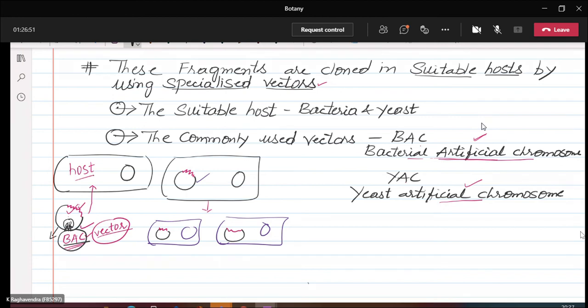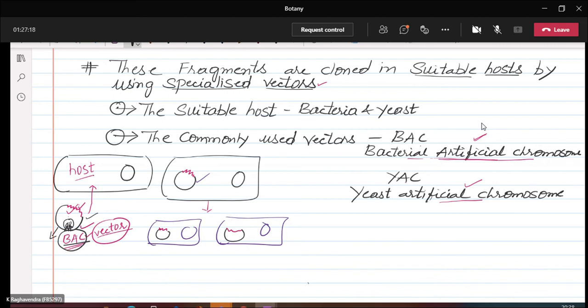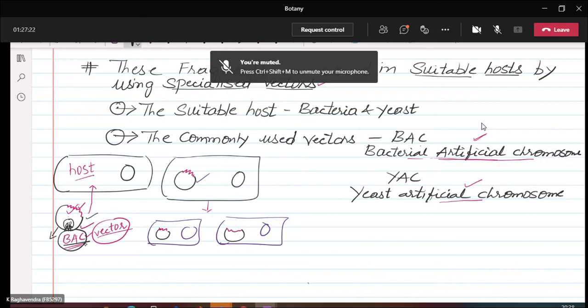It is not naturally present in any living organism. Here I am not going to call it a plasmid. I prepared an artificial chromosome with the desired DNA: I kept the origin of replication, I kept some other necessary genes, and I kept my desired fragment. I made an artificial chromosome. Where am I using it? I am putting it in the host. Which host? Bacteria.